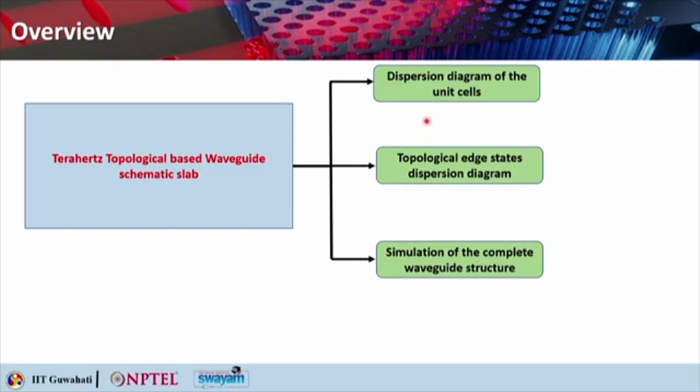The first one will be how to obtain the dispersion diagram for the unit cell, then how to obtain the topological edge states in the dispersion diagram, and then finally we will go for the simulation of the complete waveguide structure.